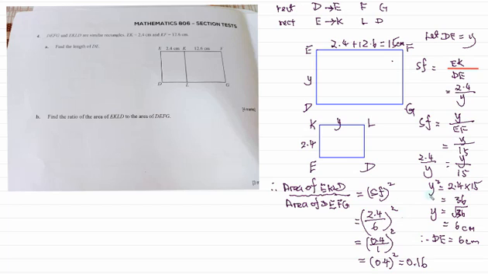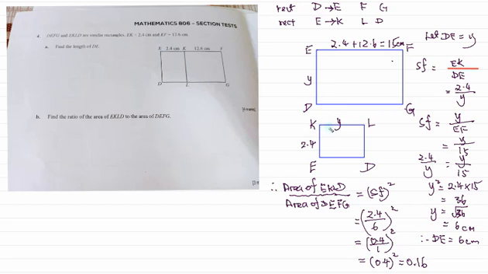So that's it. First, you rearrange the rectangles based on these two rectangles. And remember, always follow the pattern. If you have DE on the larger rectangle, then it must be EK. So we rearrange this one so that it's in the same position.